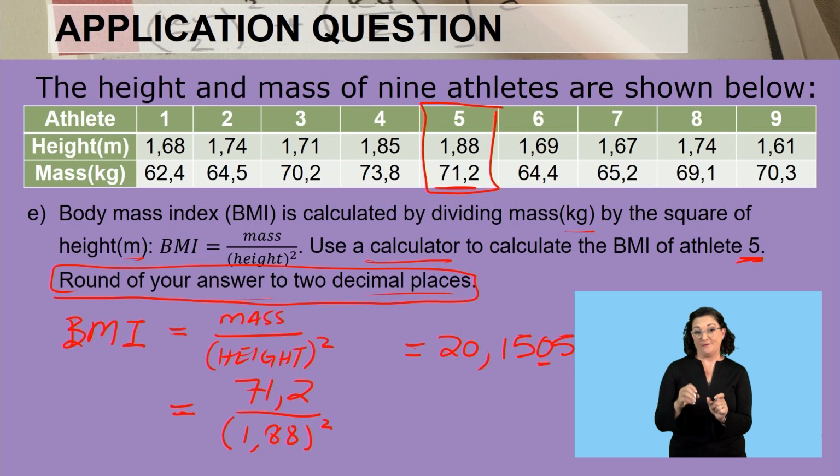It's a 0, so it's less than 5, therefore it does not have an impact. We don't round off, we leave this. This would be equal to 20.15. So athlete number 5's BMI is 20.15.